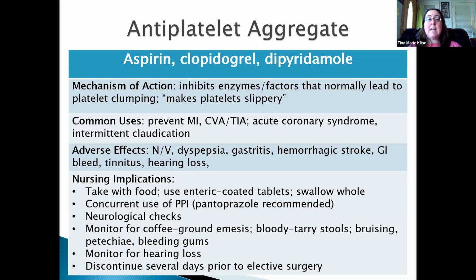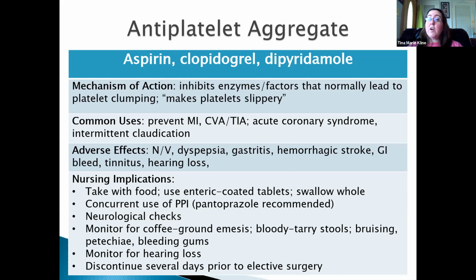So on the slide, you'll see neurological checks. That relates directly to the hemorrhagic stroke. If your patient has a bleed in their brain, okay, you are going to see some neurological signs. We'll talk much more about this in Unit 6 when we actually get into both types of stroke, but understand you're going to see neurological changes.